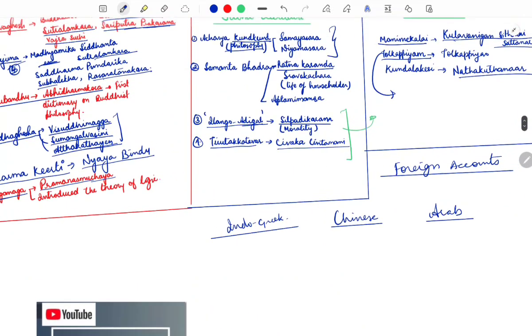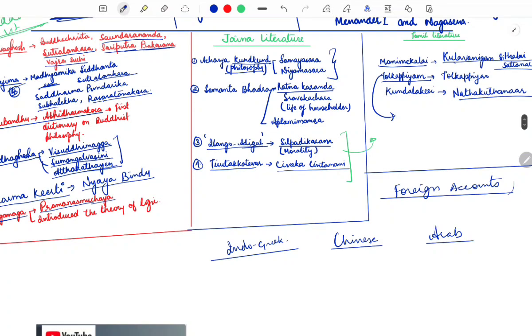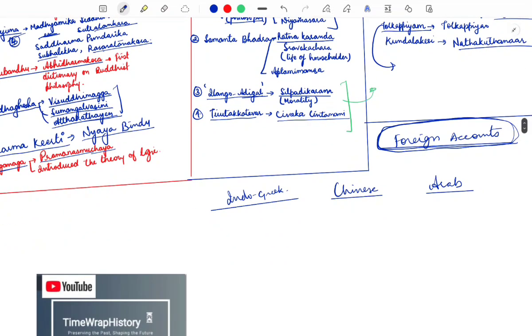So there is a change in plan. Most of the foreign travelers who gave a vivid account of India actually came in the time period of Vijayanagar and Delhi Sultanate. Okay, so it will be very easy for us to include all the foreign travelers, foreign accounts from ancient to medieval.